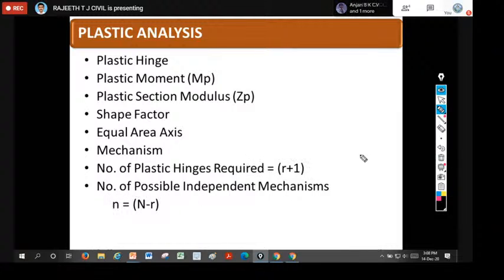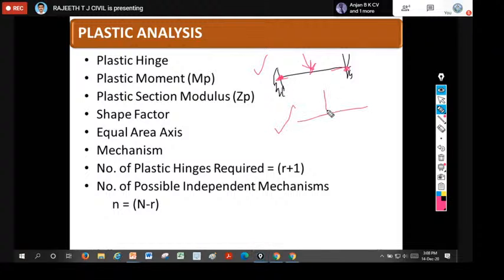So where are you going to get the plastic hinges? In case of fixed supports, after the application of the load, we're going to get plastic hinges. If both ends are fixed, that is the first condition, we get them at both ends.